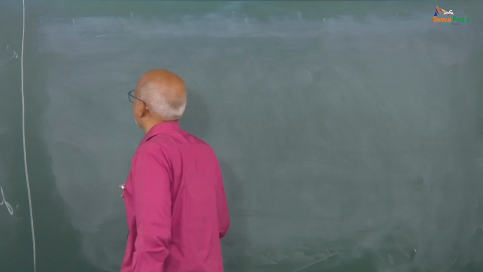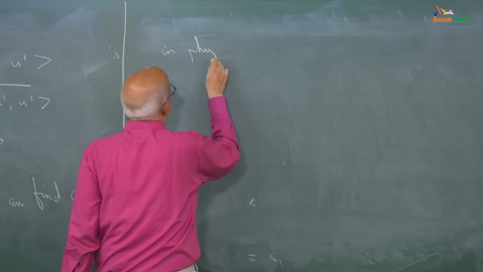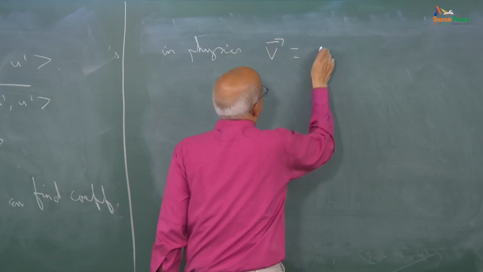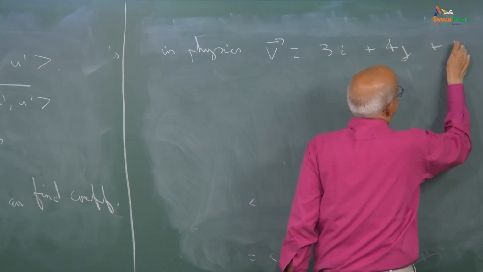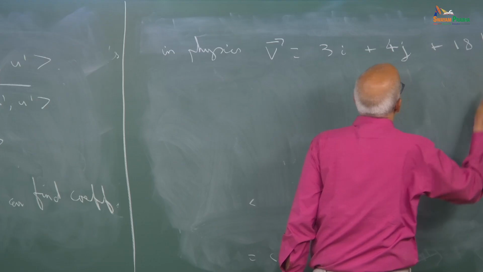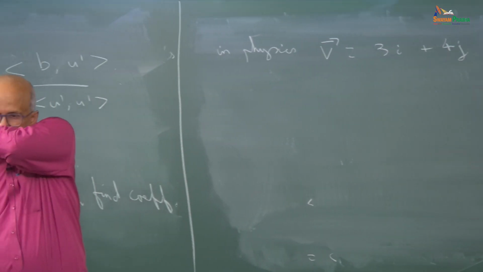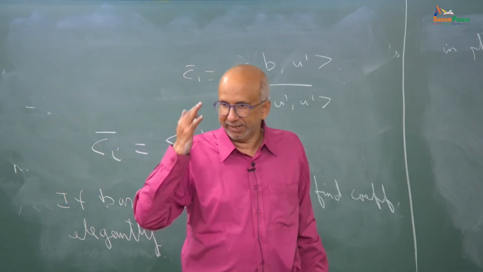In physics, you write vector V as 3i plus, let us say, 4j plus 18k, that is the maximum number I can think of today, 18k. What is i? i is the unit vector in the x direction.